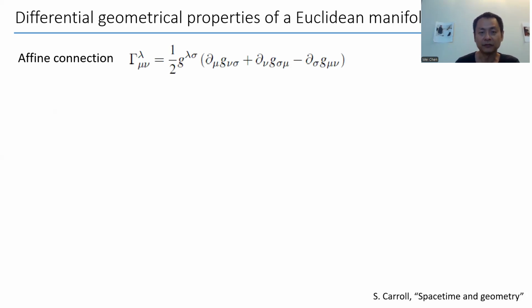For instance, the first quantity that you can define out of a metric is the so-called affine connection, or the Christoffel symbol. Yeah, so you take a derivative of the metric if your metric depends on momentum, and then product with the inverse of the metric. Then you can construct a tensor that has three indices.